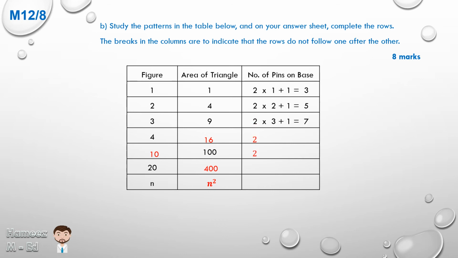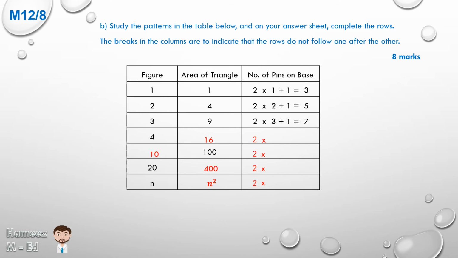So let's put a 2 in each one of those rows coming vertically downwards. And then we have a multiplication sign that's consistent. So let's put multiply straight down. And then we have the numbers 1, 2, 3. This is what is changing. And where are we getting these numbers 1, 2, and 3? From the first column, from the figure.